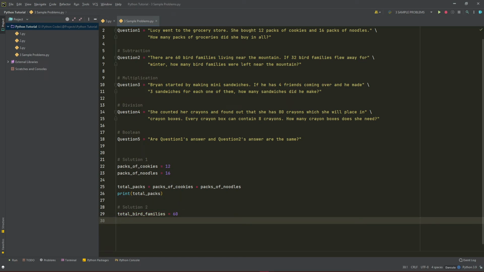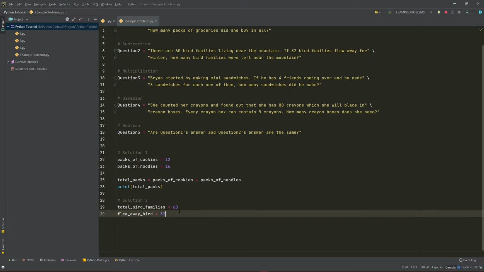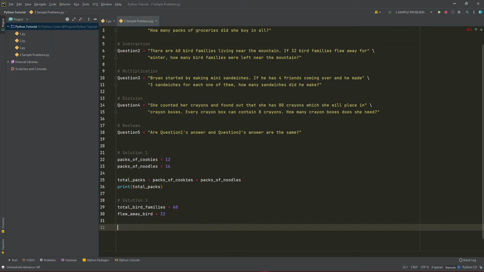And then we have flew away birds. So it's really up to you to create these creative variables. All right. Now we have the diff or bird families left. Okay.